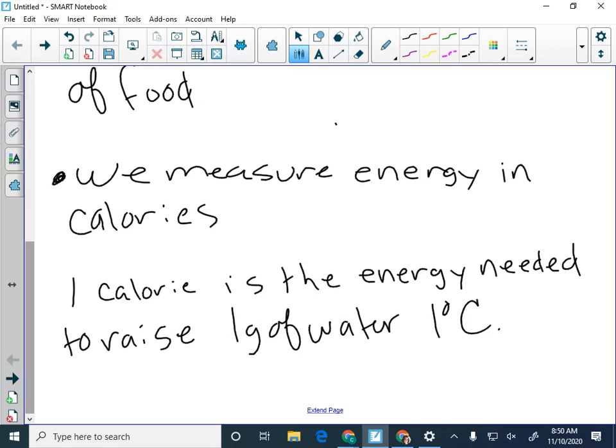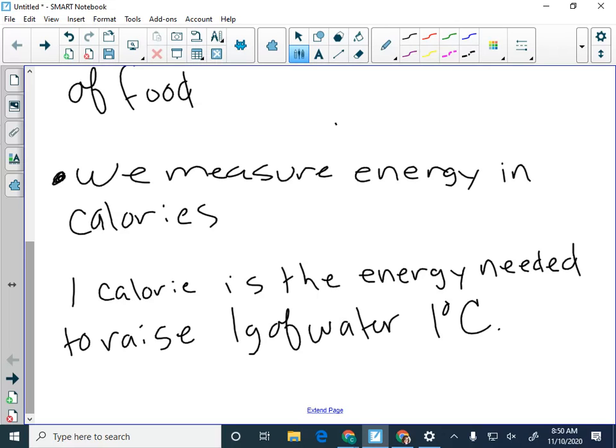So we talked about how heat is a type of energy, and we have decided as a people to measure that energy in the ability to warm something up. So if we exerted 1 calorie of energy on 1 gram of water, it would raise that water 1 degree Celsius.